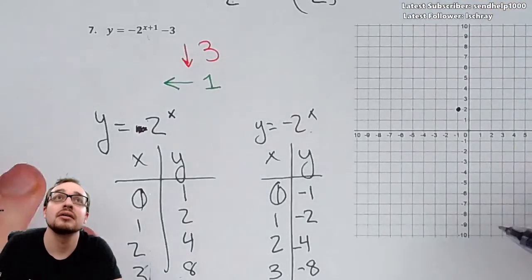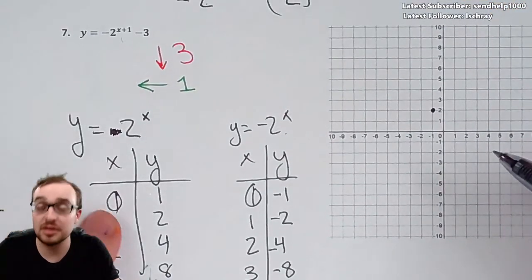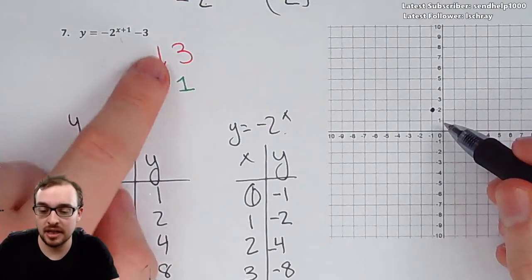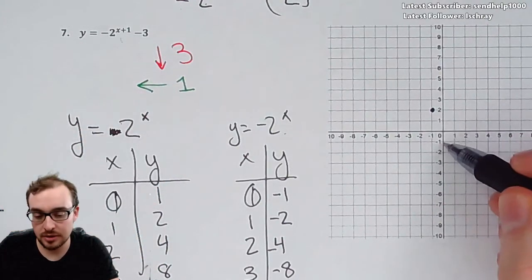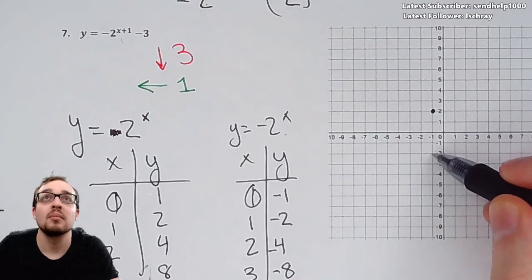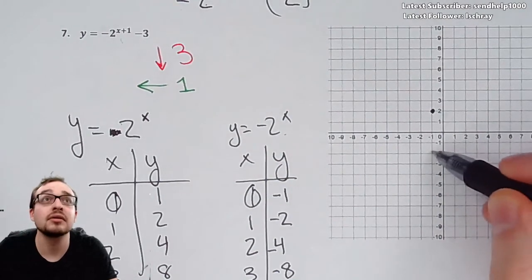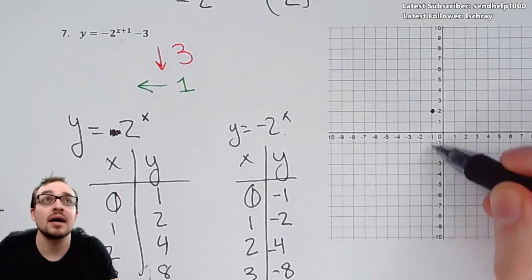I'll do that again. I'm supposed to be at 0, 1, right? 0, 1. But I go down 3 and over 1. Down 3. 1, 2, 3, and over 1. But then I'm supposed to negate it. If I negate something, it flips it up and down. I'm already at -2, which means if I negate it, I'm at +2.